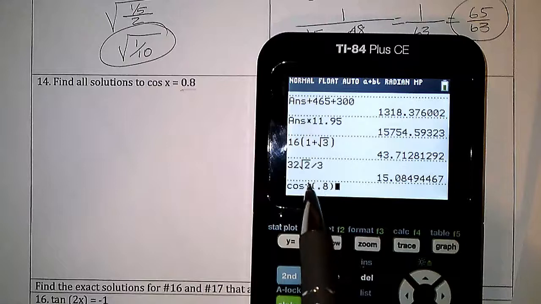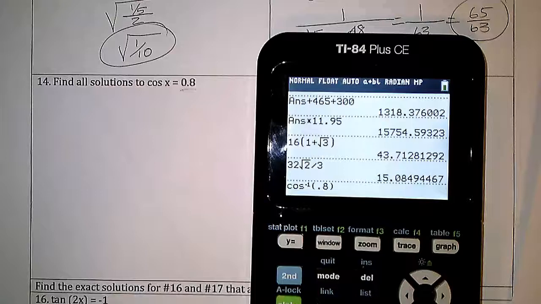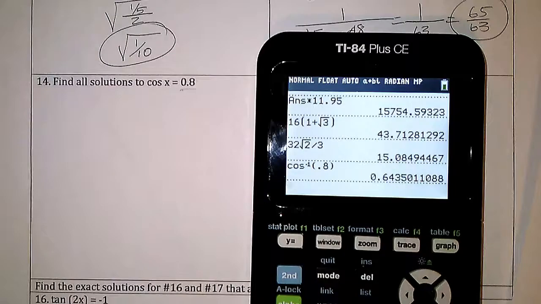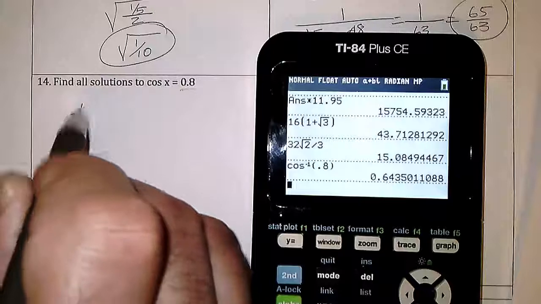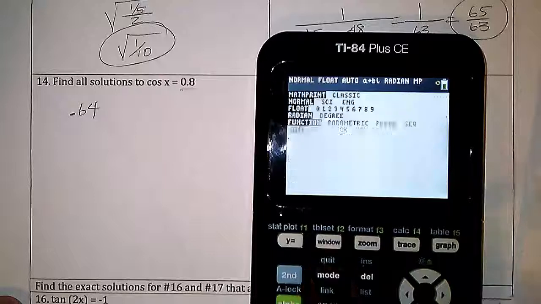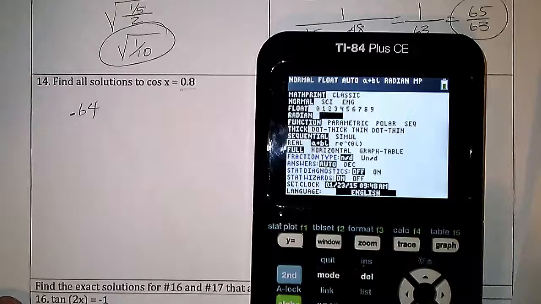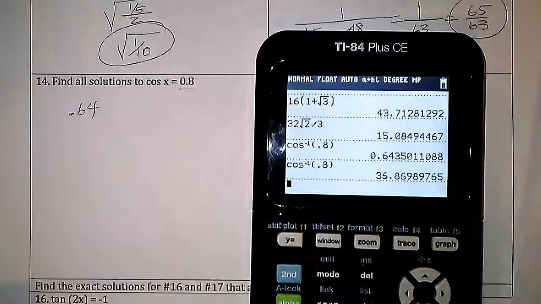So this is saying, what is the angle where the cosine is 0.8? Cosine of some angle is 0.8. So that angle is 0.64 radians. Now, just for your information, if I go to degree mode and press enter, that's about 36 degrees, 37 degrees.